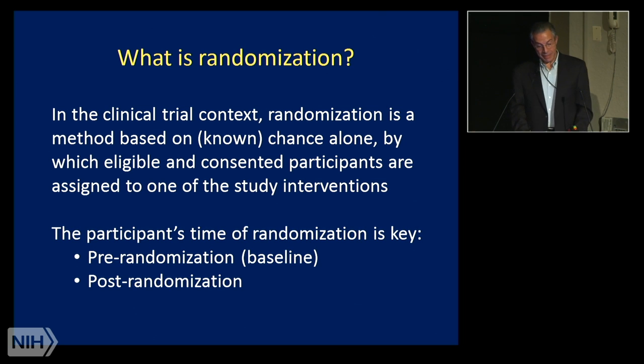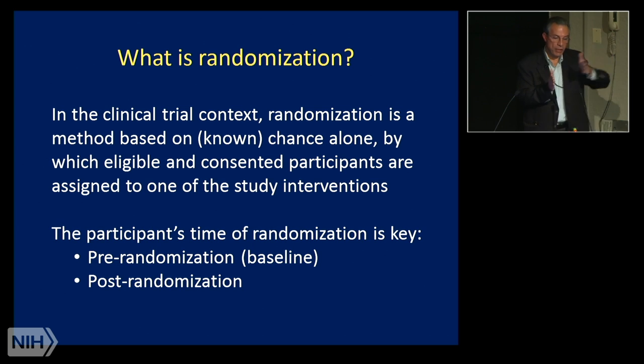And the participant's time of randomization is key. This is important, not just for the topic of randomization. This is important for you to know, period, for clinical trials and analysis of clinical trial data. The time of randomization is key. There is pre-randomization, which we sometimes call baseline, and post-randomization. Now, why is it key?